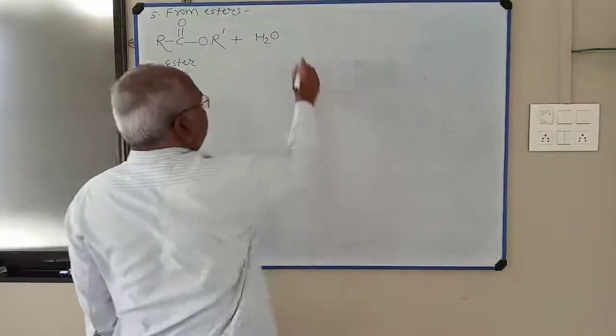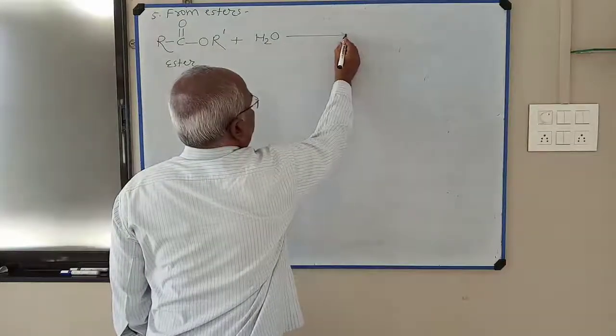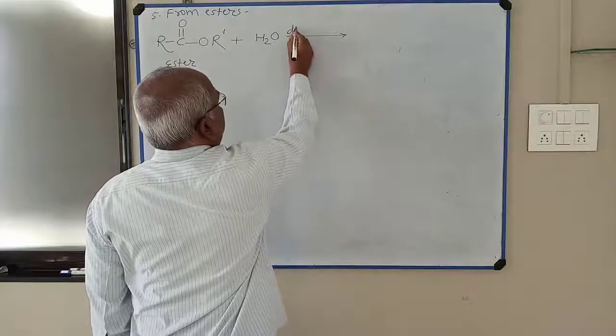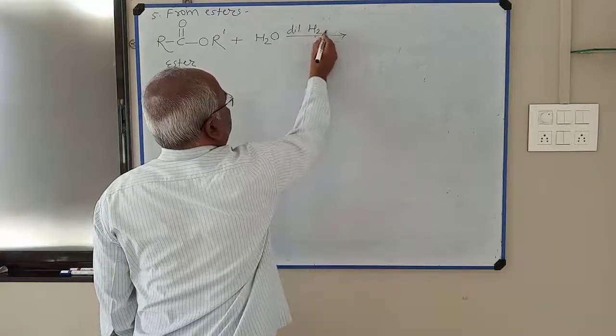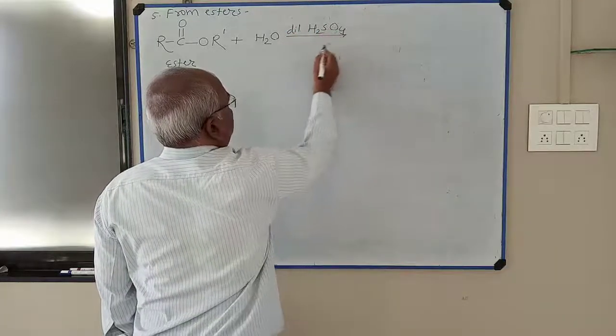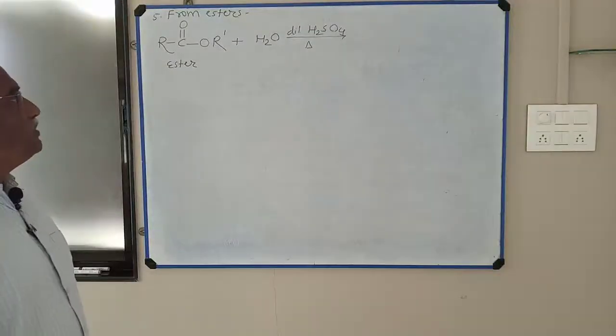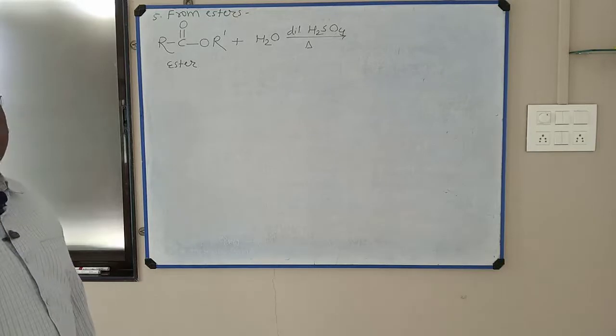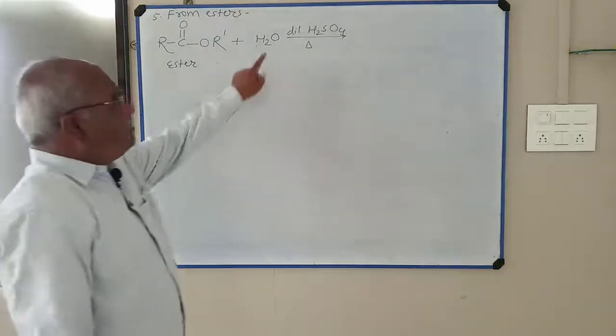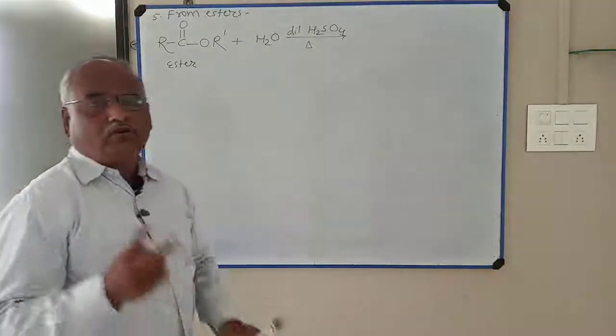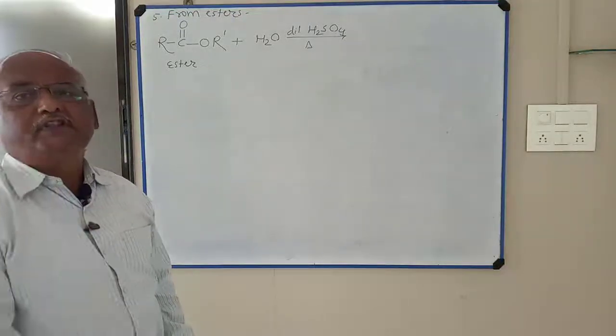The hydrolysis is carried out in presence of dilute H2SO4. The reaction mixture is heated. Heating is represented by the delta sign. The hydrolysis is carried out by two different methods.